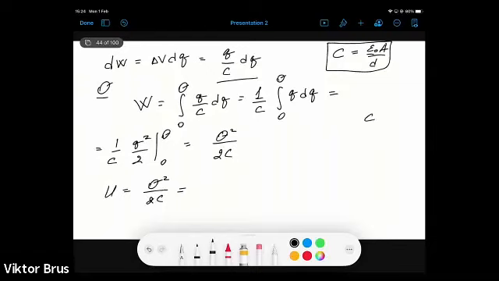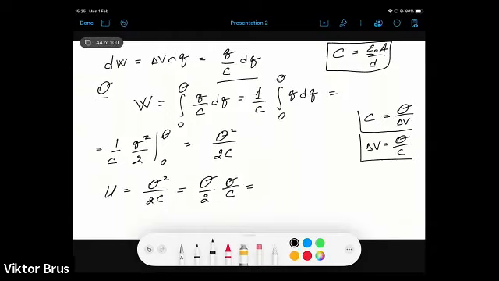So we know by definition that capacitance is electric charge accumulated divided by potential difference between the plates of the capacitor. So we can write here like this: Q divided by 2 times Q divided by C. And Q divided by C, from this definition of capacitance, will be potential difference.